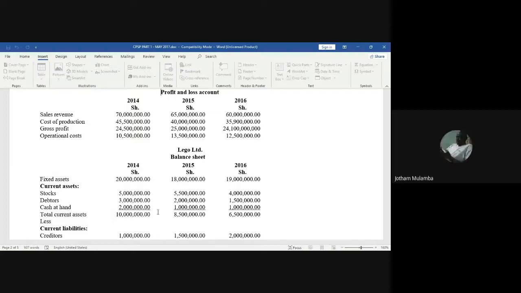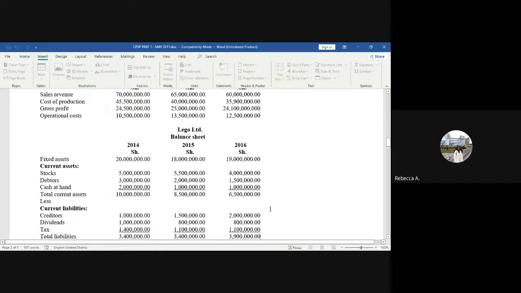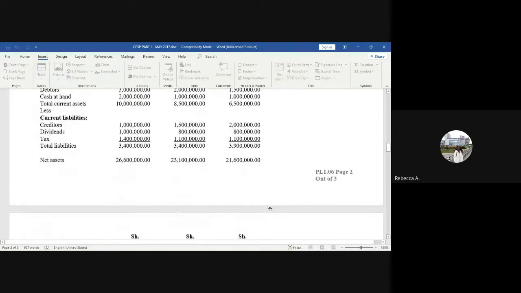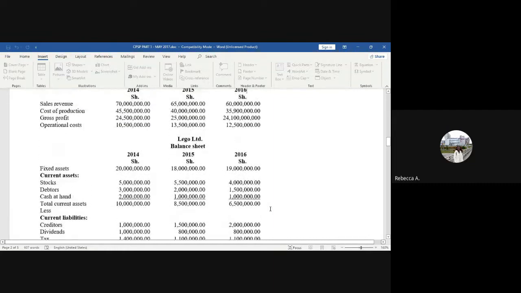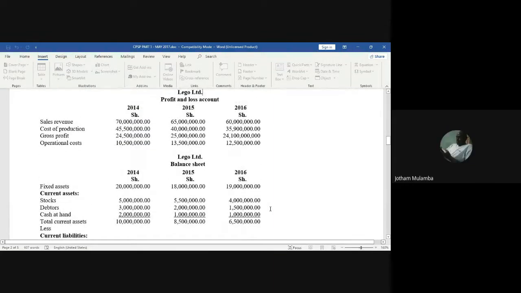You can do it for year 2016. Tax for 2016 is 1.1 million. That means 24,100,000 minus 13,600,000.